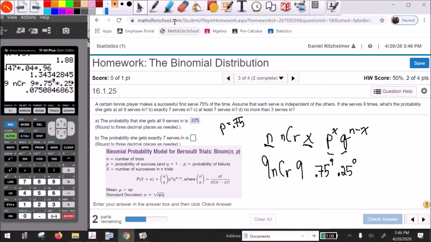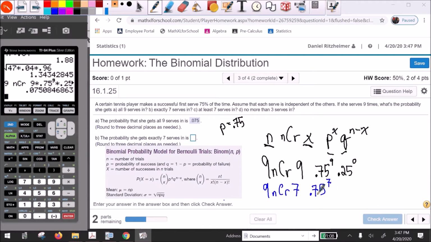So it doesn't say which 7 she gets in. It could be the first 7, the last 7. It could be the first 2, then she misses 2, and then makes the next 5 in. So we have to consider every possible way that she can make 7 serves out of 9 serves. And that's exactly what this part of the function does. It counts every possible way you can select 7 things out of a group of 9 things. And the probability of getting 7 of them in, you just take the probability of getting 1 of them in and raise that to the 7th power.